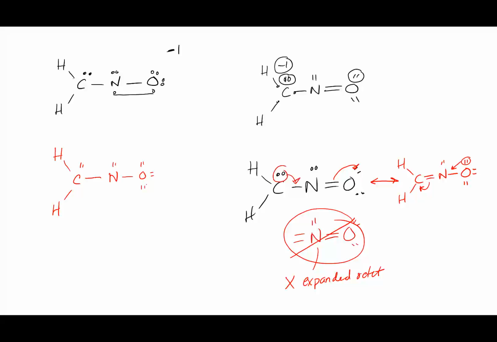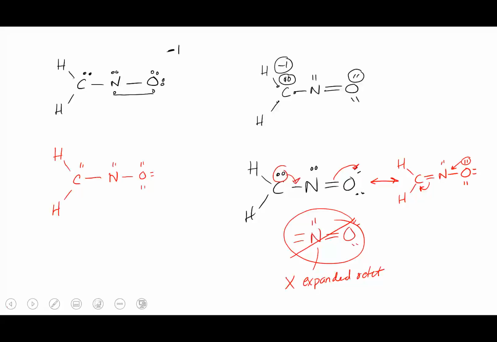So if we get into the issue of having to write resonance structures that don't have completed octets, there can be like 5 or 6 of those. And the problem is they aren't very stable because they don't have completed octets. So while this is a legitimate resonance structure, it's not very stable. And it doesn't fit rule number 1.